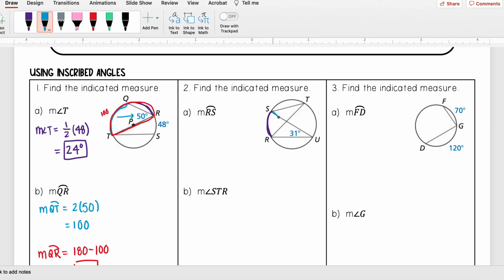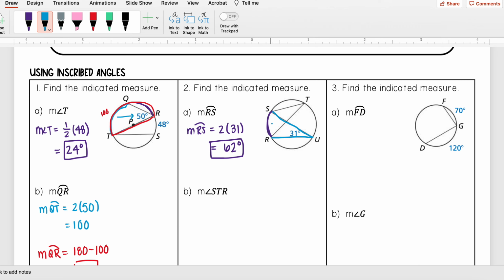However, it also has an inscribed angle RUS, and I know that one is 31 degrees. And I know from my theorem that the measure of arc RS is twice the inscribed angle, so it's going to be 2 times 31, which gets me 62 degrees.